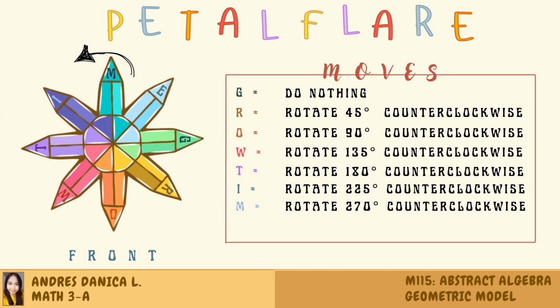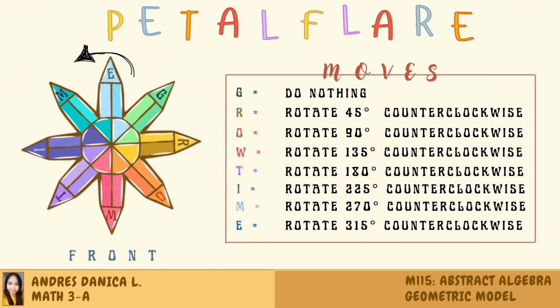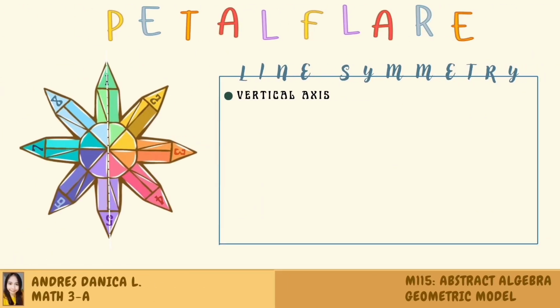For element M, rotate 270 degrees counterclockwise. And lastly, for element E, rotate 315 degrees counterclockwise. For the element of the back, we will use the following line symmetry.